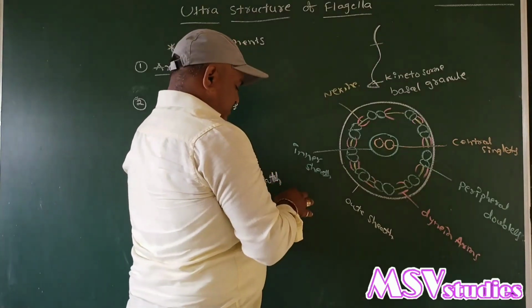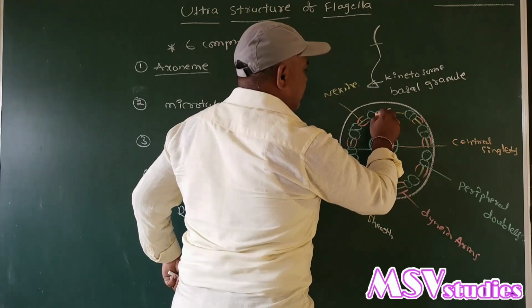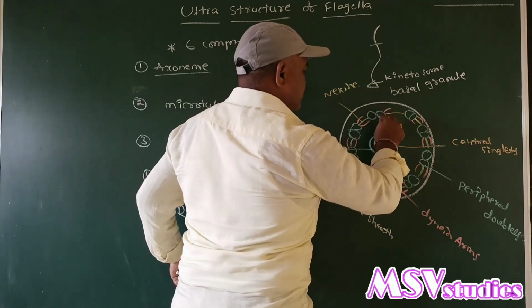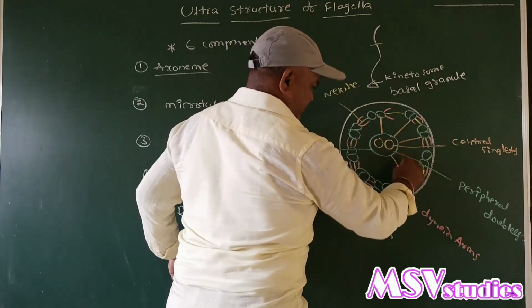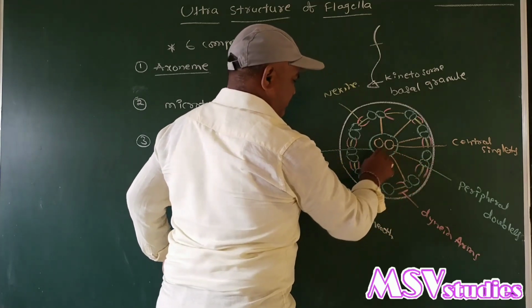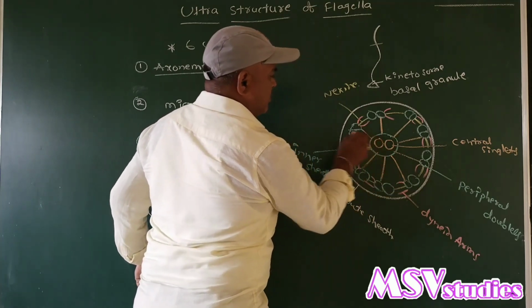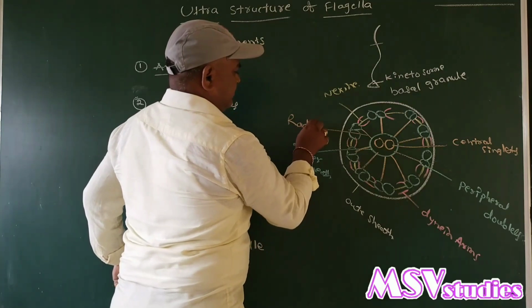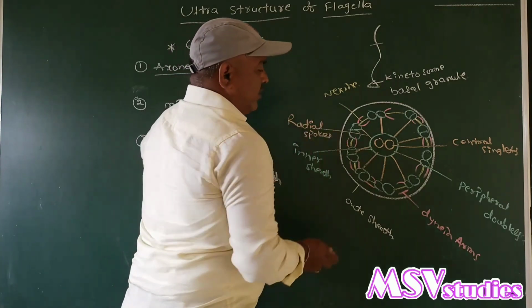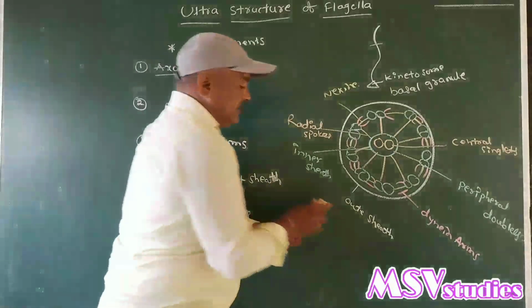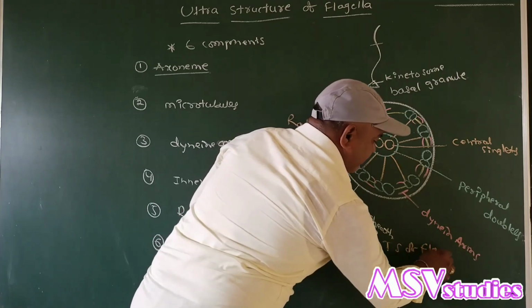Next, the peripheral doublets are connected with the inner sheath by the radial spokes. So these are radial spokes. This is the TS of flagella.